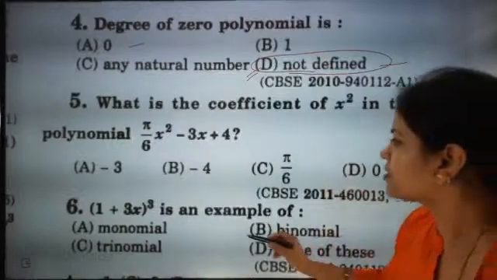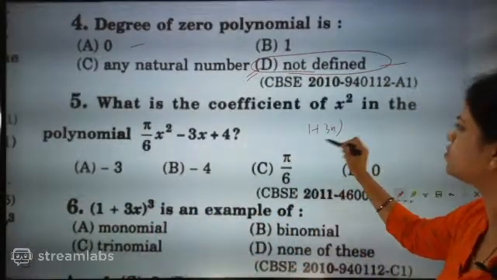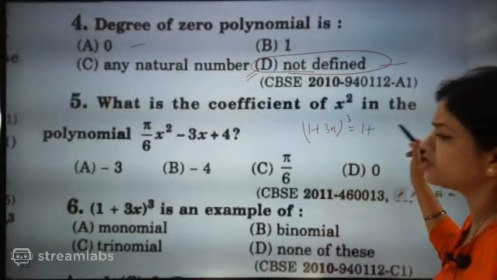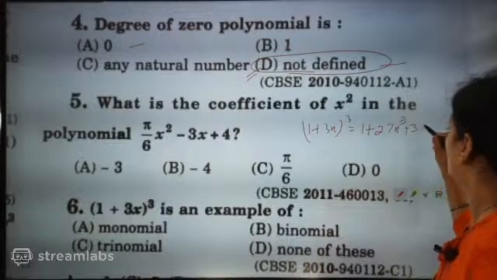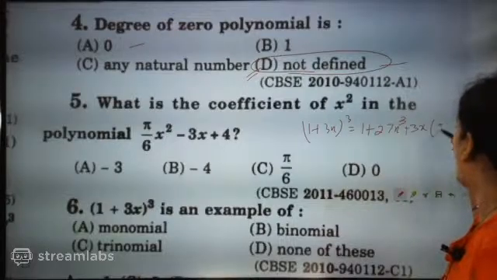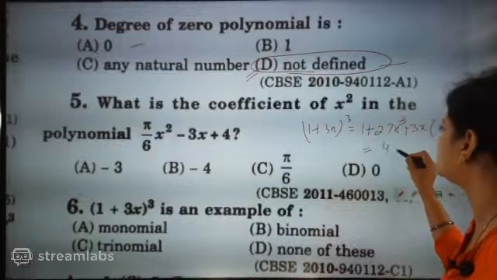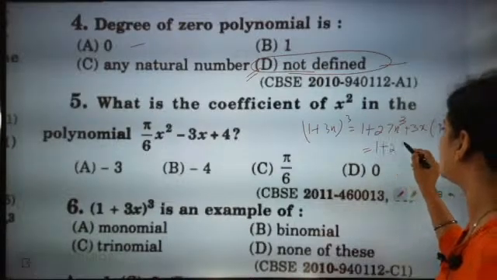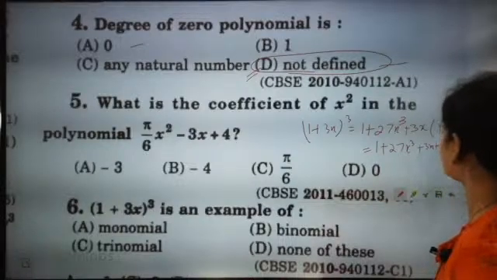So now look here. 1 plus 3x whole cube will be there. I'm going to check that one in your book. So 39 and 27, 27x cube. When you will open this, 4 terms are coming, that is 1 plus 27x cube plus 3x plus 9x square.